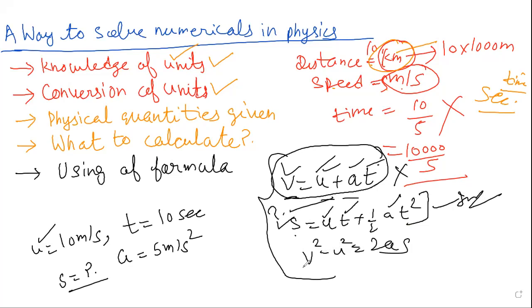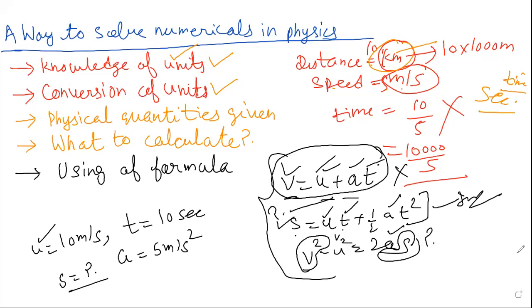I can't use the other equation because final velocity is not given, and out of 4, I need 3 quantities. Then you will put in the values.